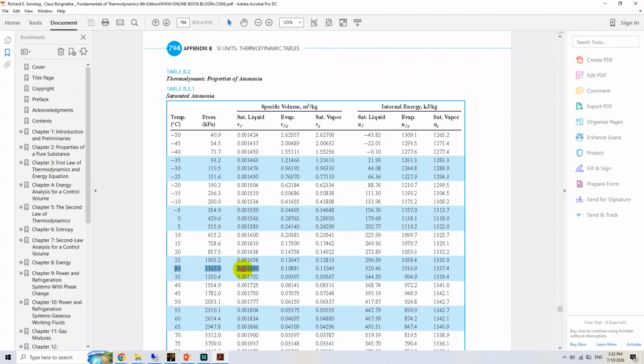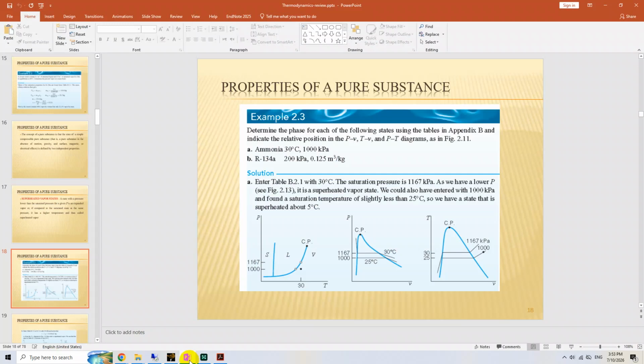When we search for 30 degrees, we find 1167 kilopascal. Our pressure is 1000 kilopascal, so it's slightly less.